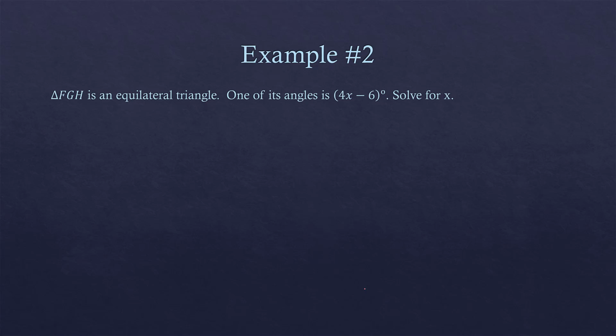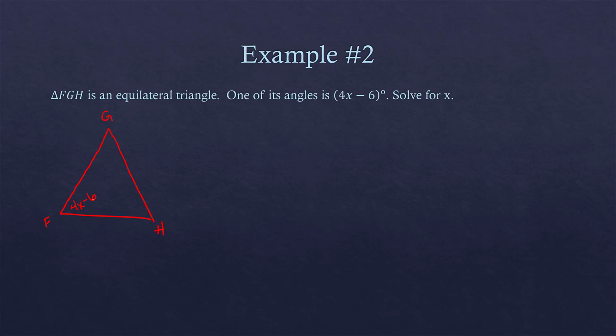All right, what if I don't have a diagram? This problem says that triangle FGH is equilateral. So I'm going to start off by drawing my triangle first. There's FGH, and it says one of the angles is 4x minus 6. Solve for x.